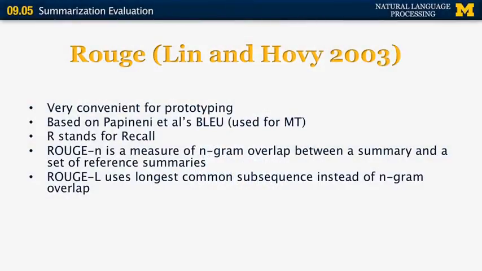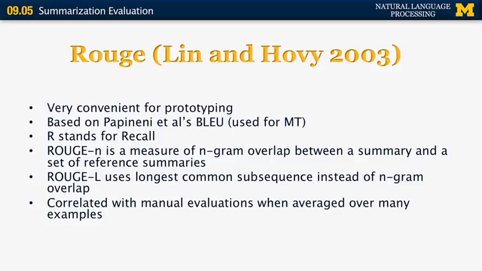Rouge-L uses, instead of n-gram overlap, the longest common subsequence of words between the automatic summary and the reference summaries. Rouge is very useful because it has been shown to correlate with manual evaluations, at least when it's averaged over many different sentences.